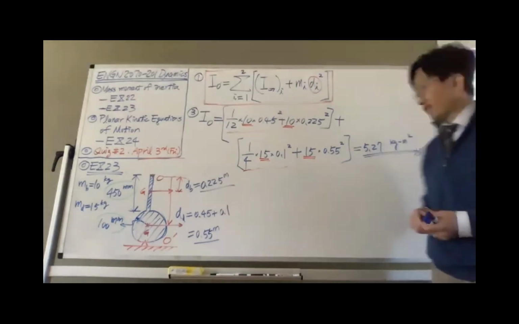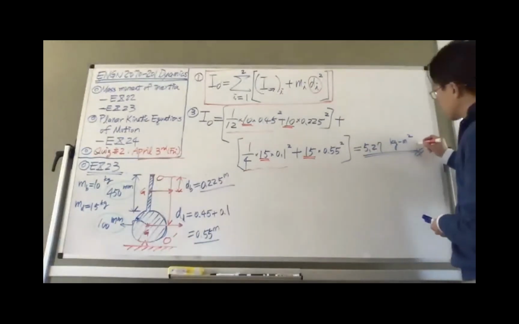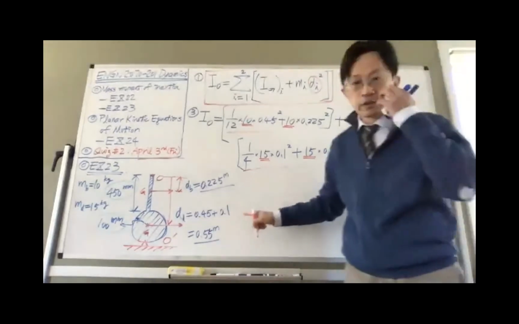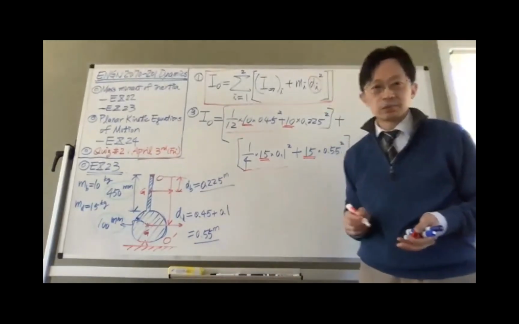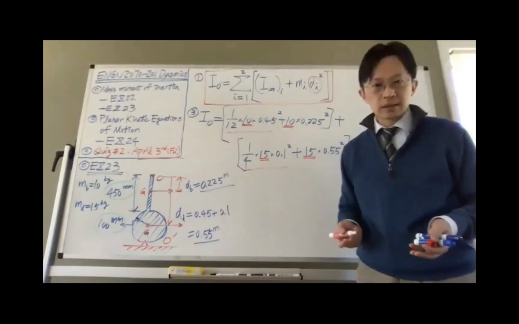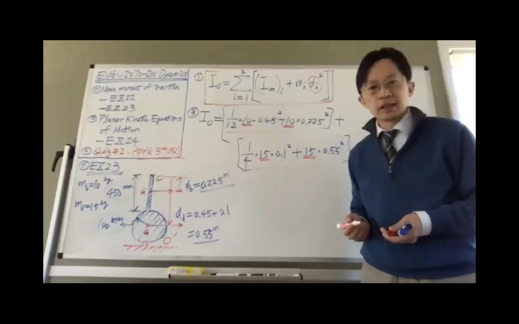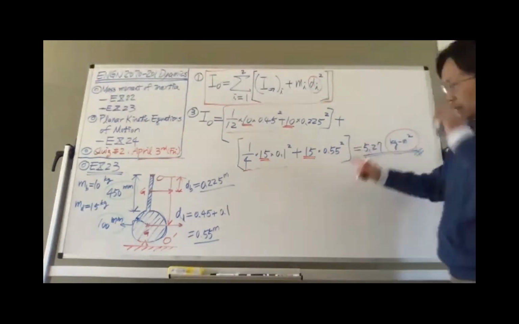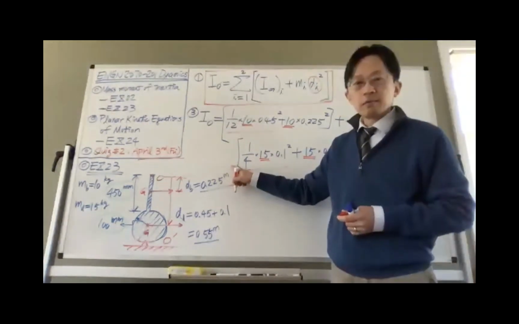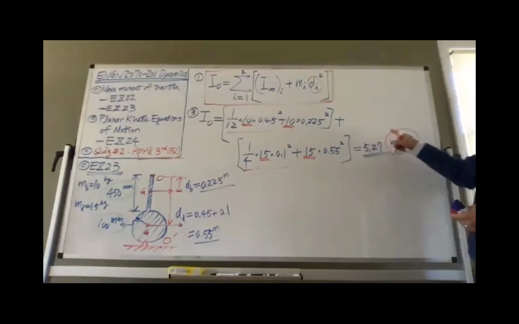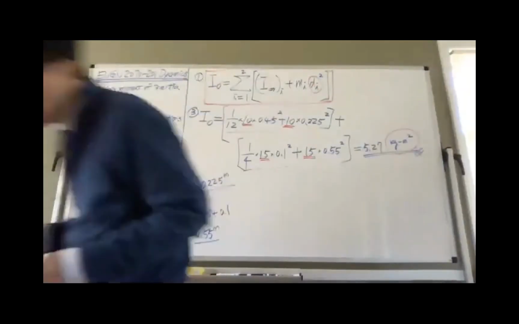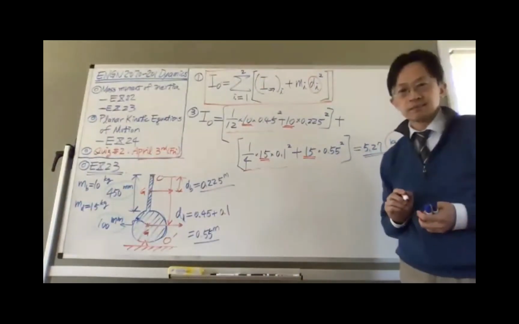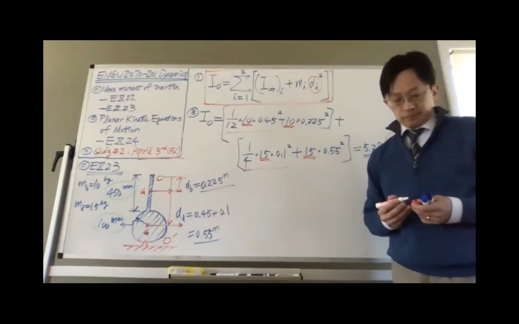Mass moment of inertia is not the same as moment of inertia. You will use moment of inertia not only in strengths of materials, but also in reinforced concrete, steel structures, and all different kinds of mechanics courses. Moment of inertia has units of length to the power 4, but mass moment of inertia is kilogram times length squared. So these two are different things. Okay, awesome. Thank you. Sure.